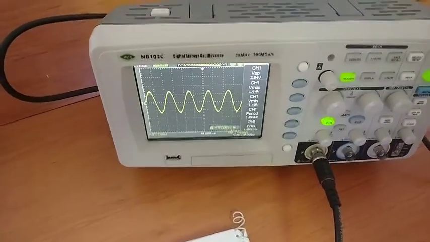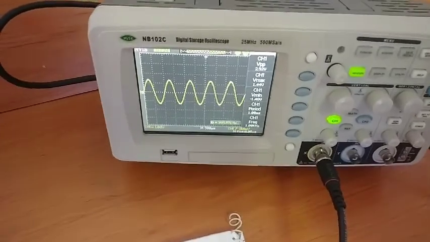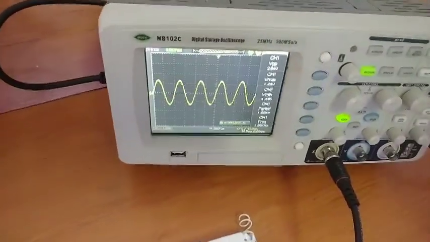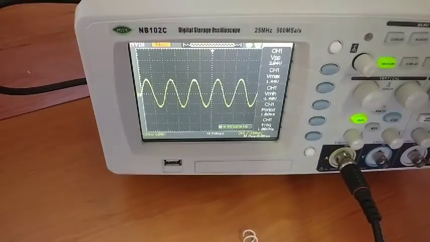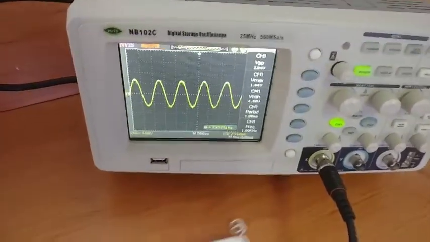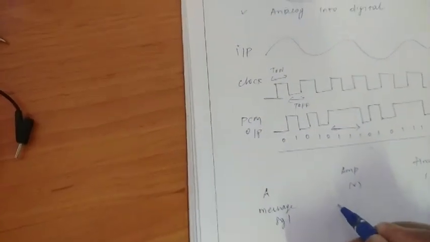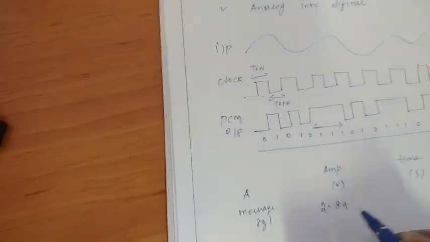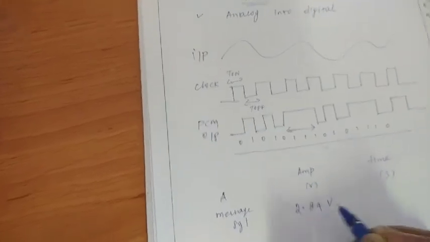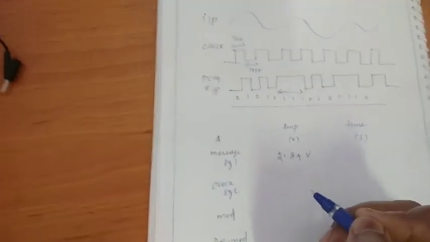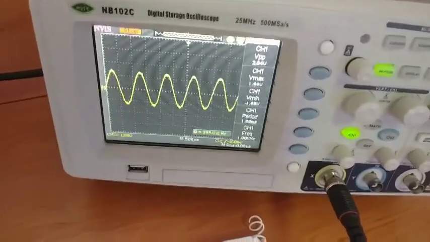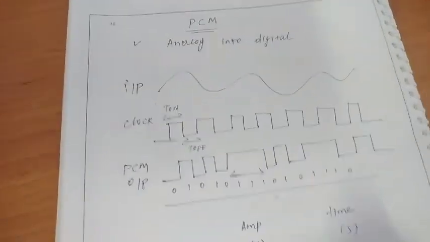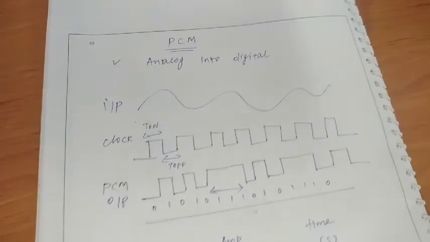So this is your message signal, which has a voltage value of 2.84 peak to peak. Next, the time period is 1 millisecond.